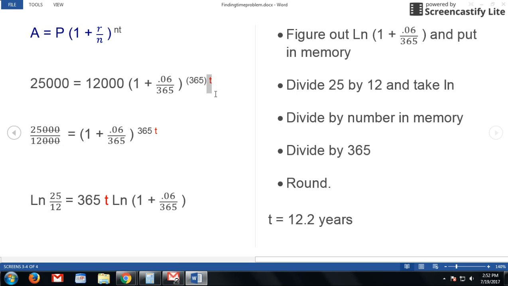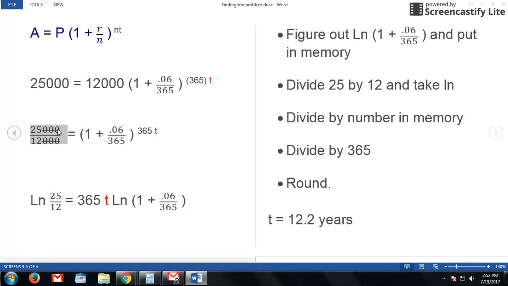Looks like we are solving an exponential equation. When you are solving an exponential equation, you first have to isolate the exponential part. So I need to get this 12,000 away from our exponential part by dividing. If we divide both sides by 12,000, it'll go away on the right. On the left, 25,000 divided by 12,000.